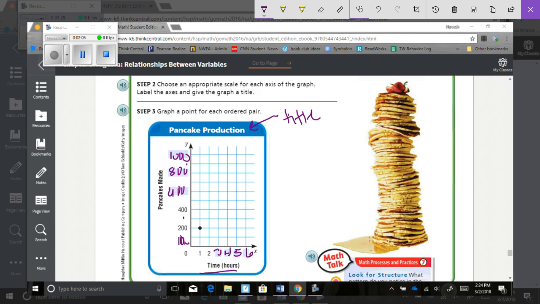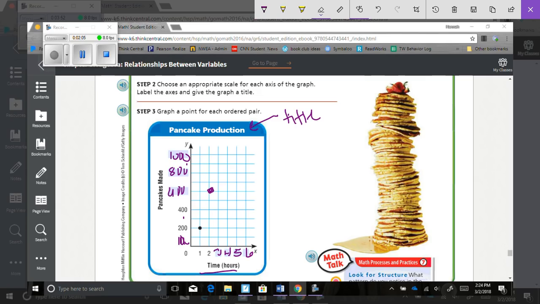So then we're going to just plot it. We look at those ordered pairs that we had, which is 1, 200. They showed that there. 2, 400, which would be here. 3, 600. Oh, that is a 6.